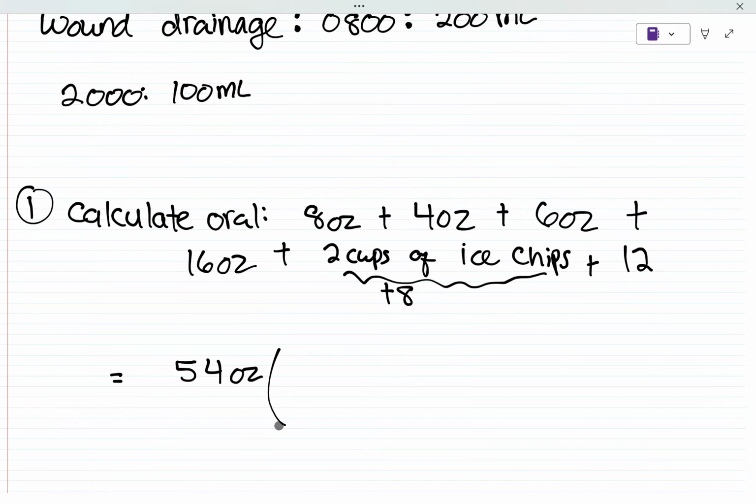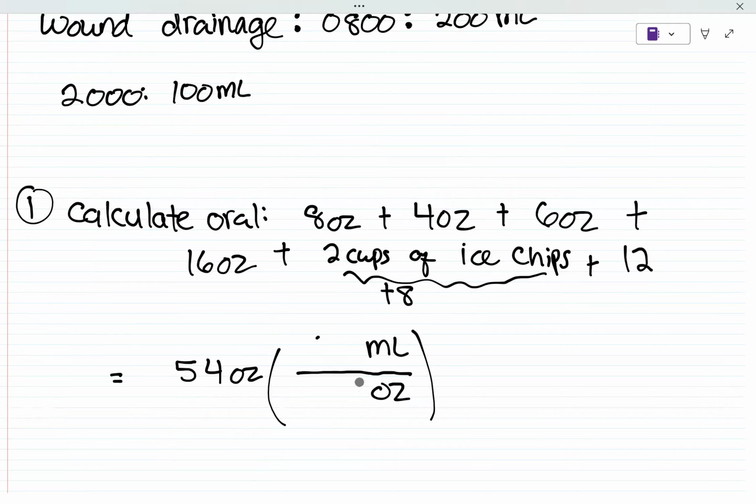And then we want our units to be in milliliters, not ounces. So this is where you need your conversion. We're going to put ounce on the bottom because we want to get rid of the ounce, and we're going to put milliliters on top. Based on your conversion sheet, what is the relationship between milliliters and ounces?